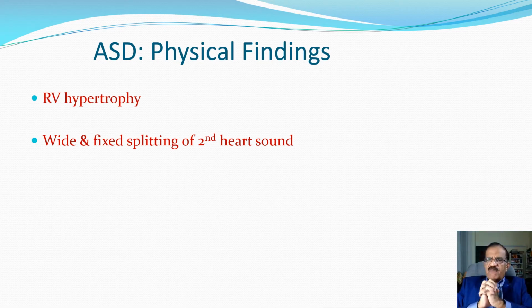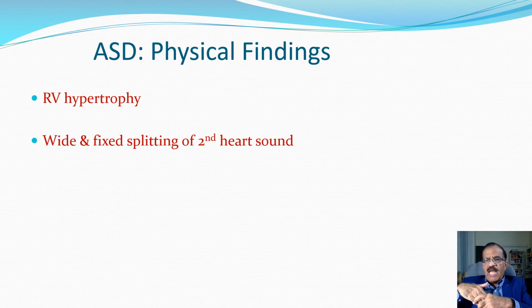Now, what happens when we take a deep breath in a normal person? When we take a deep breath, the pressure in the chest becomes negative. That means more blood is sucked into the lungs. So there is more blood coming to the right side.